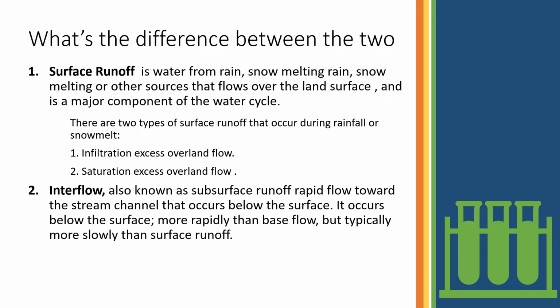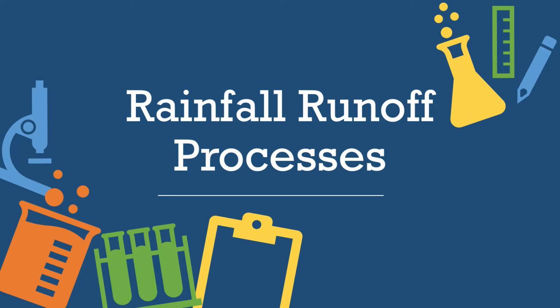Number 2 is interflow, also known as subsurface runoff, rapid flow towards the stream channel that occurs below the surface. It occurs more rapidly than base flow, but typically more slowly than surface runoff.